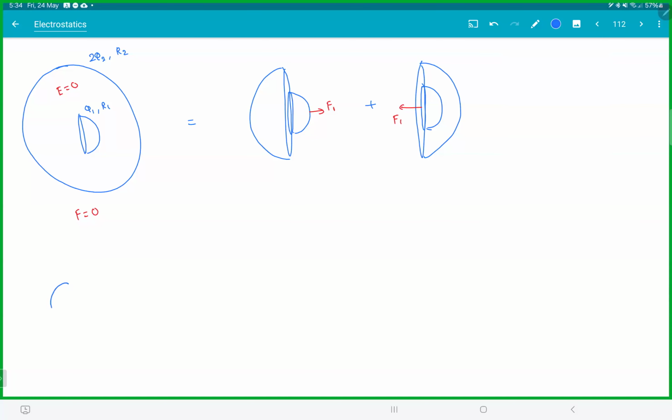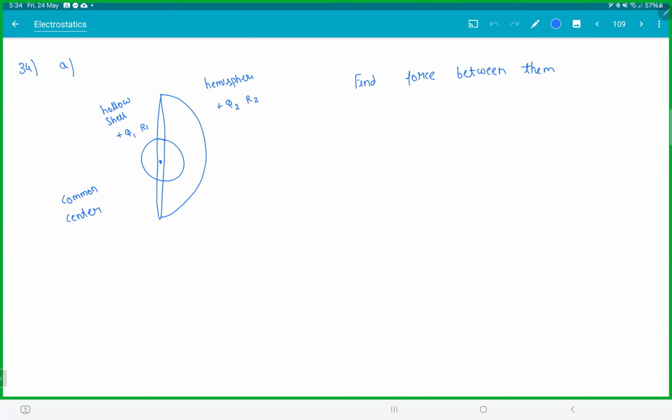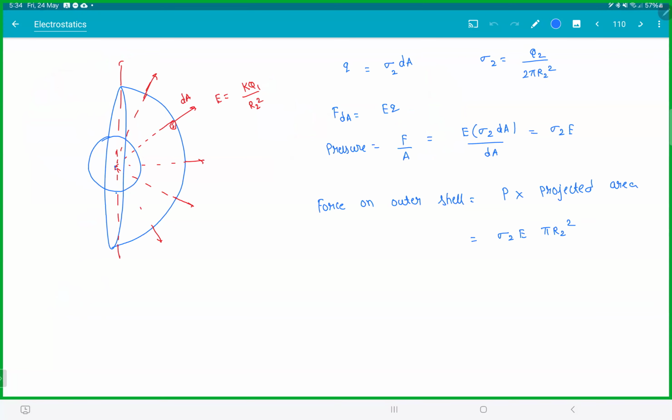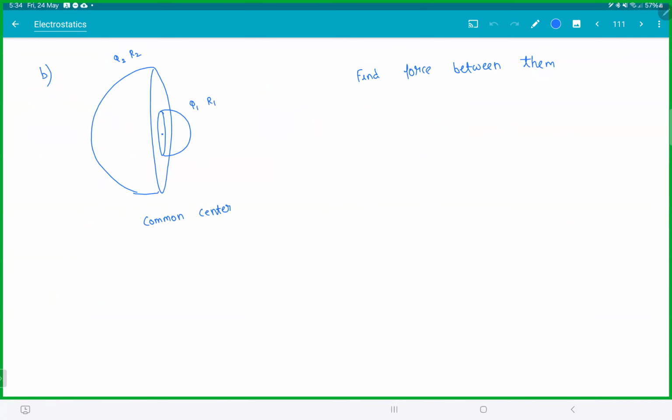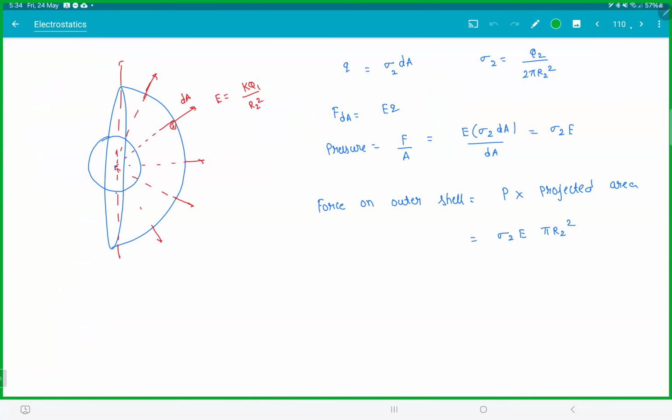Now take the small one and take this. Between them, we already calculated there is a force, that is this one. Let's call it F dash, which is sigma 2 E pi R2.